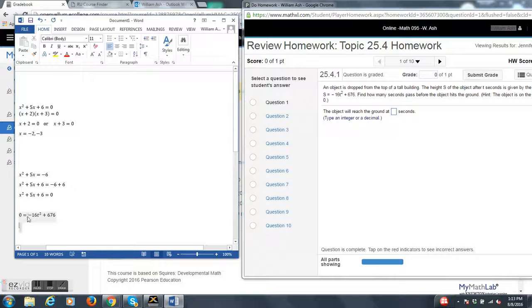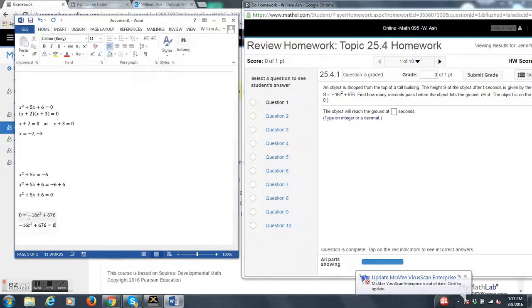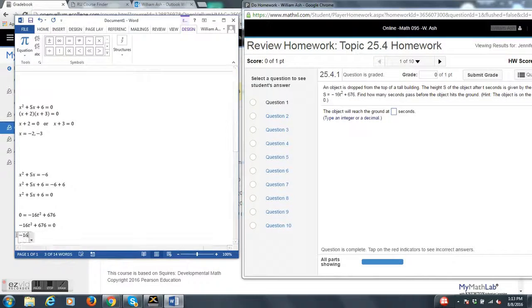Anyway, it bothers some people to have it flipped around, so a lot of times I'll just turn it around just for aesthetics so it looks normal. So then, back to the left-hand side, and you're done, right? So I bring out a negative 16, and I get t squared minus 676 divided by 16 is, oh, I guess not 16. I'm sorry, 676 divided by 4 is 169.